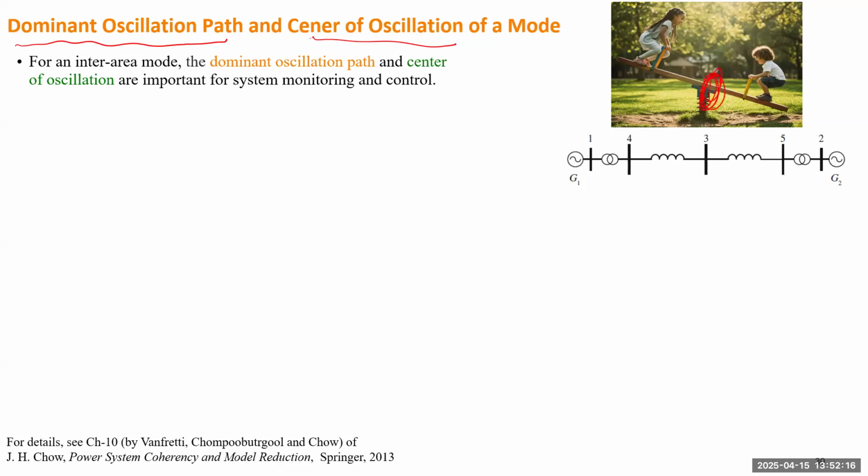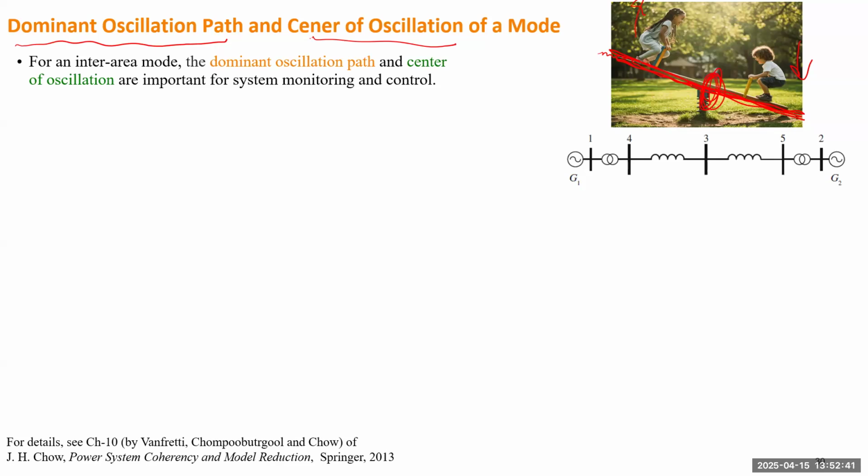So when we talk about mode shape, we really talk about which side is up, which side is down. Okay, so this entire bar will become the path of oscillation, because that's the only path. One side jumps up and the other side falls down. So the energy actually transfers only through this path.